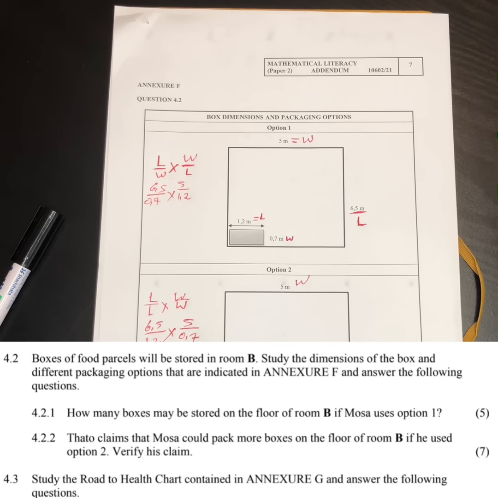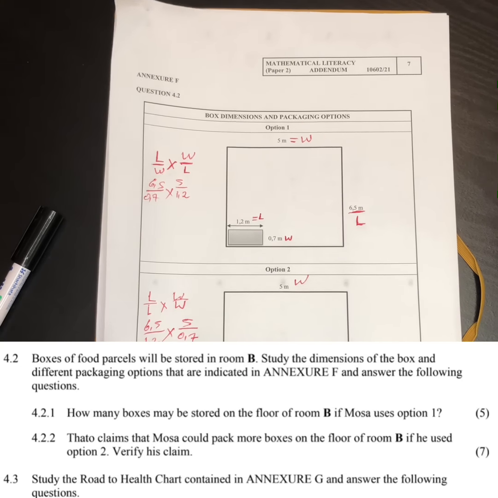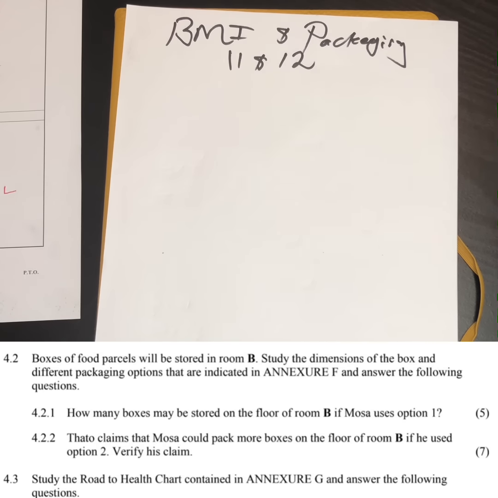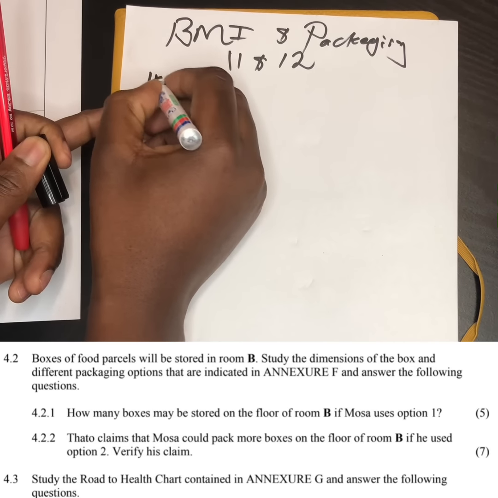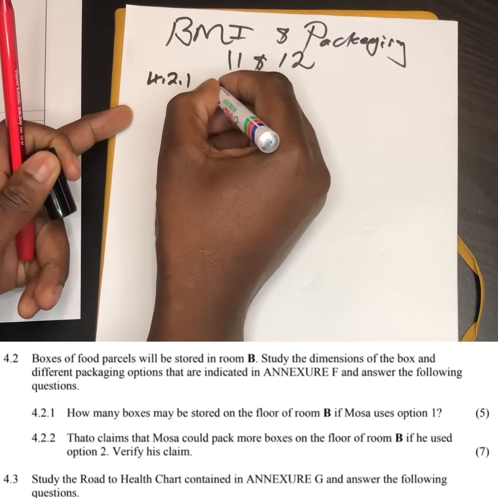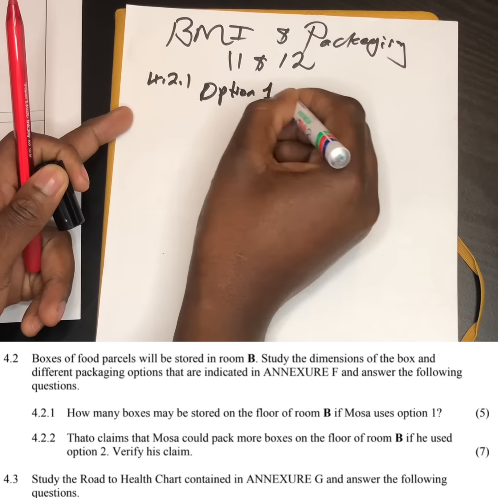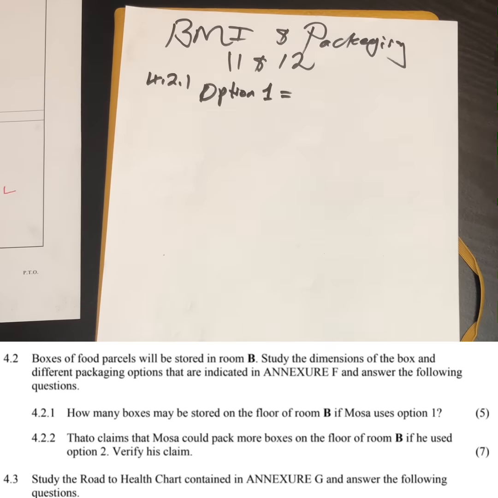How many boxes can be stored on the floor of room B if Musa uses option number 1? Option number 1, we have already analyzed this. So let's just do the calculations for this. 4.2.1. Option number 1, packaging.